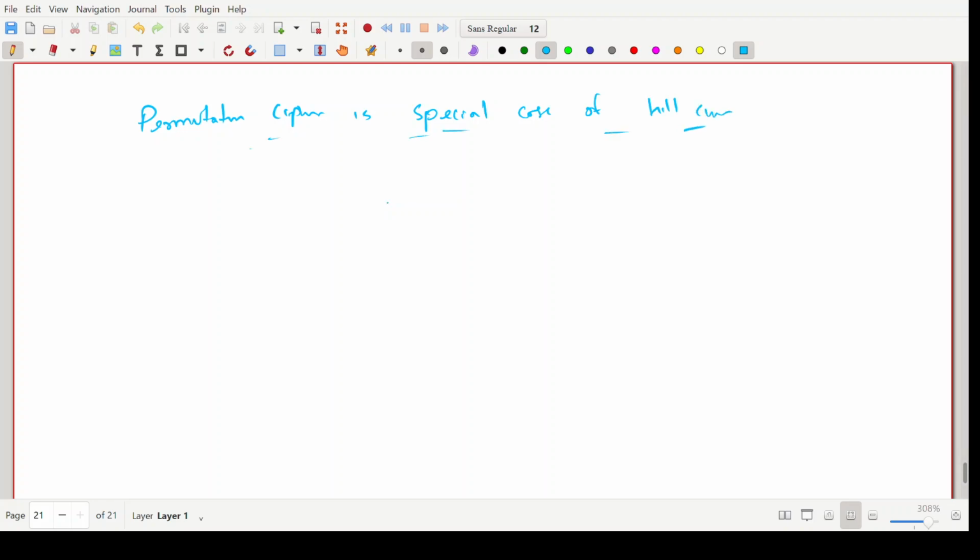So you can write the permutation matrix entry K_ij as 1 if i is equal to pi of j, and 0 otherwise. So you will be able to write the permutation matrix.